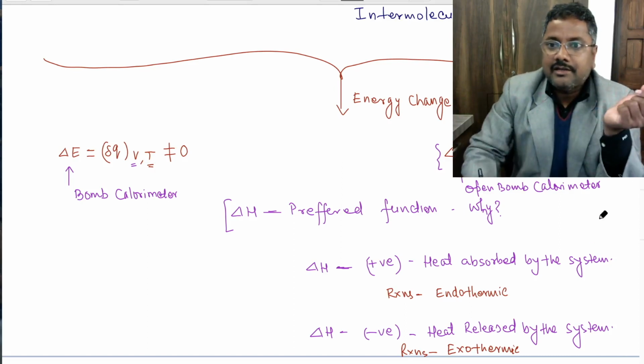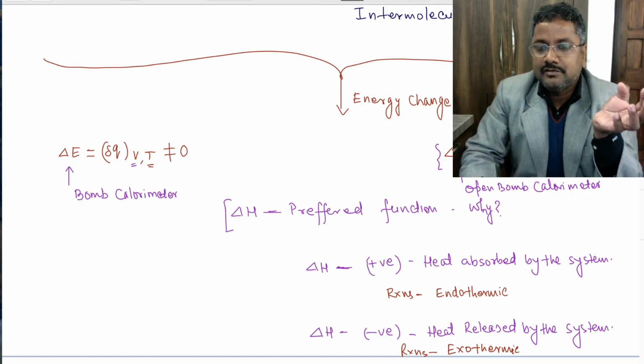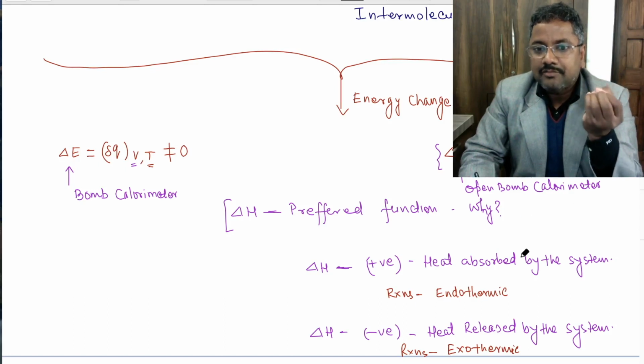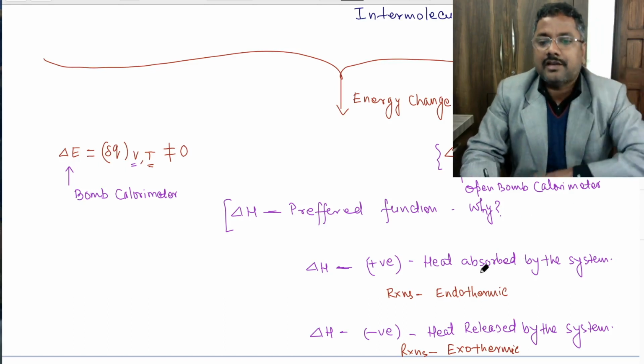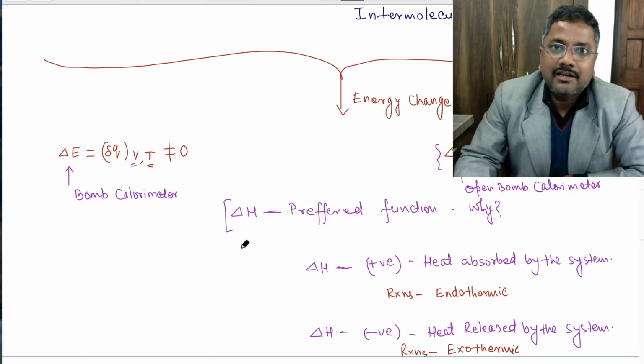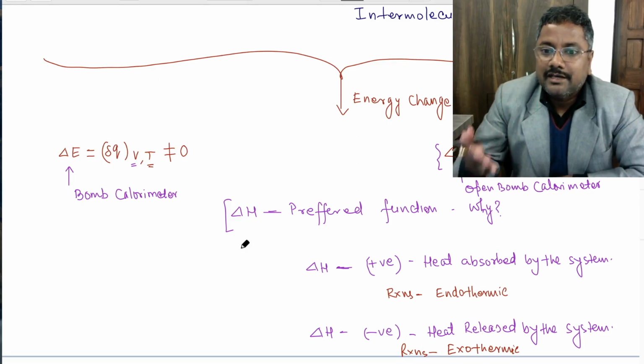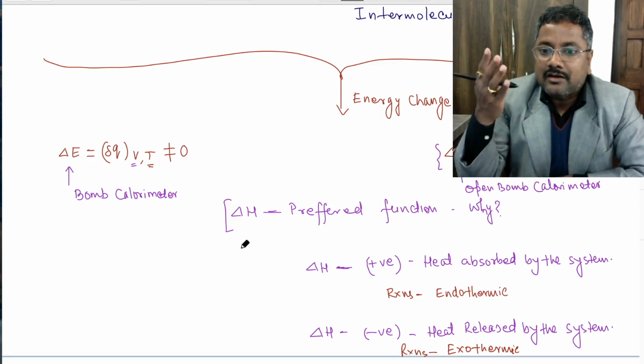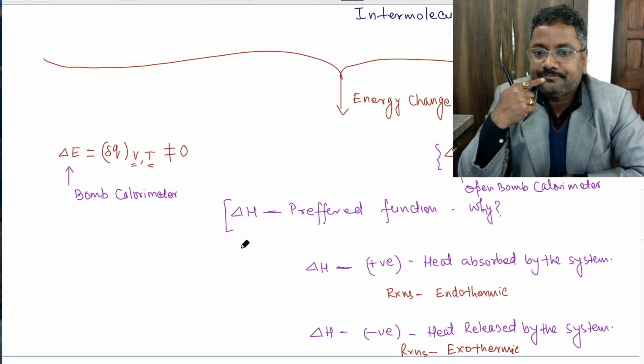Here we are taking temperature constant. So at constant temperature, what is the source of energy for chemical reactions? It is very clear that at constant temperature, the source of energy is basically the chemical bonds.